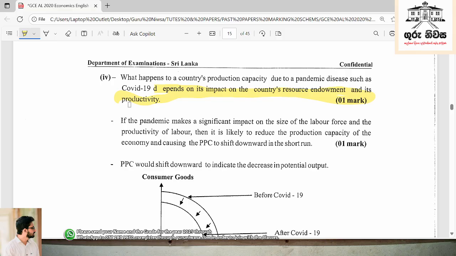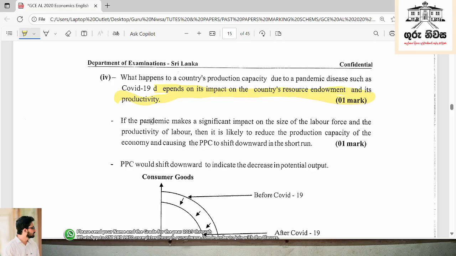If these two get affected, the PPC curve shifts. The first step is to mention that the final impact depends on the factor endowment and factor productivity, and how these two get affected. 1 mark is allocated.